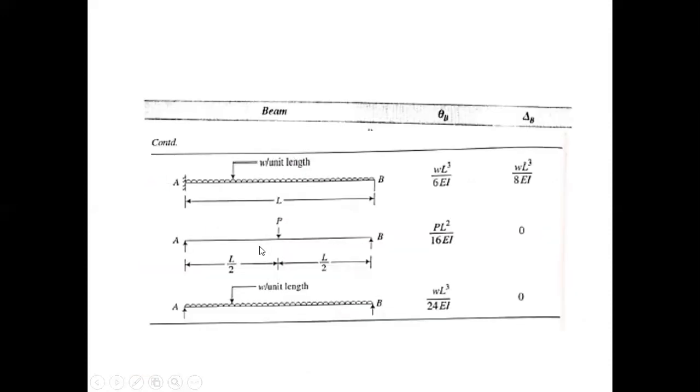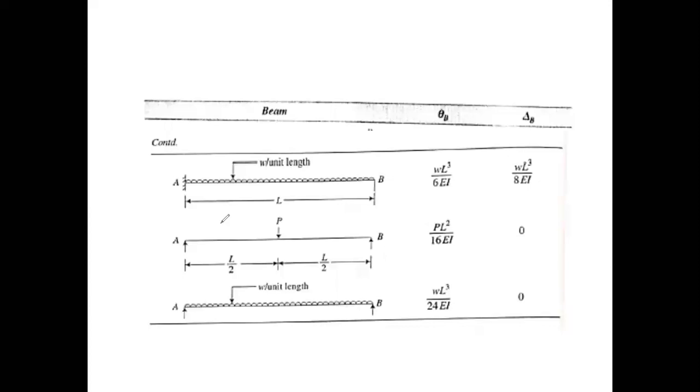What we'll do, we'll consider a section at any distance x from one end, and we will calculate the moment on that section. For example, in this case, we will consider a section XX at a distance x from end A, and we'll calculate the moment at this section.